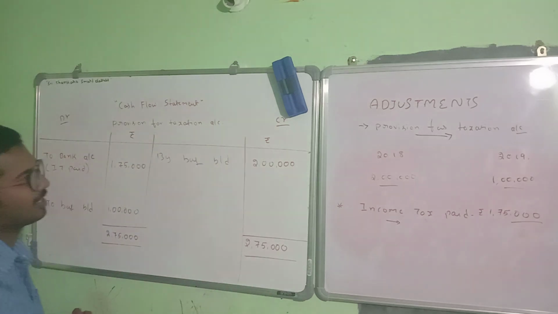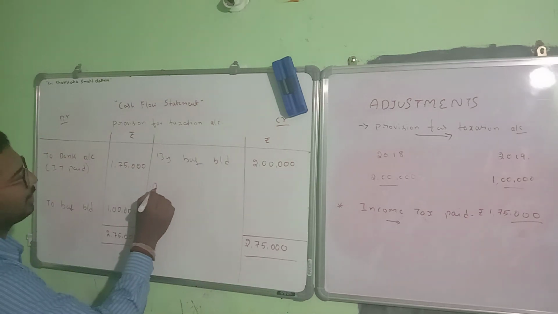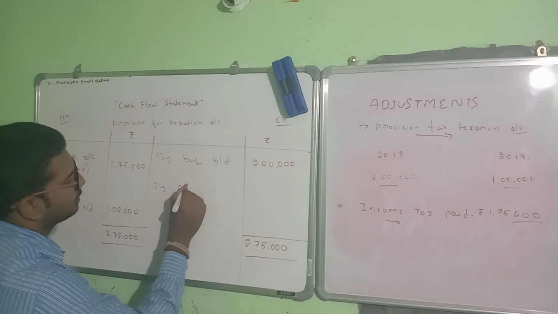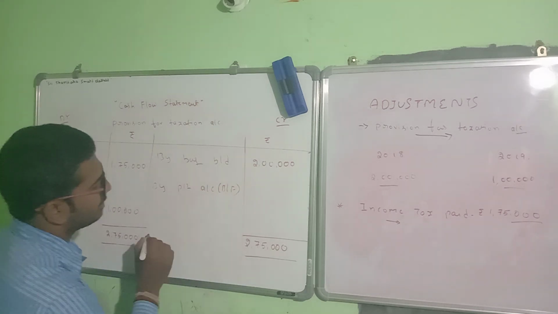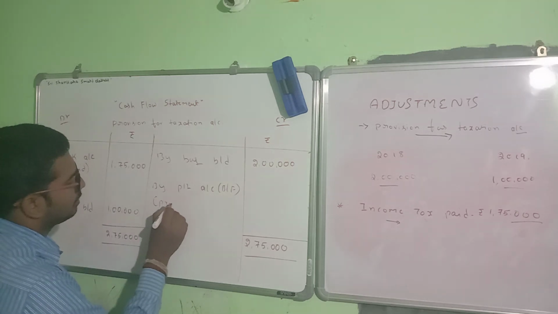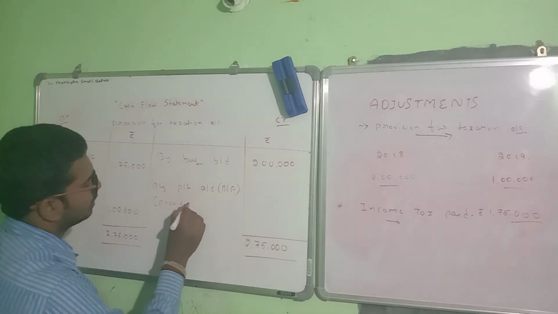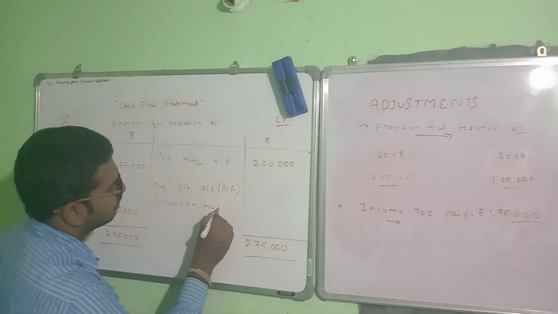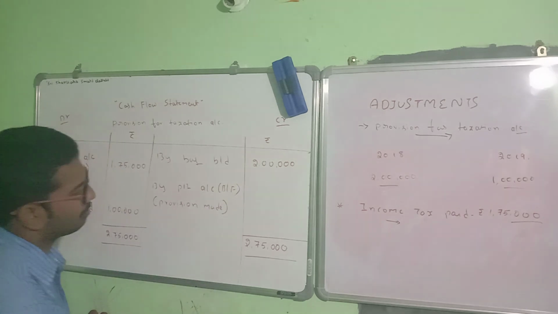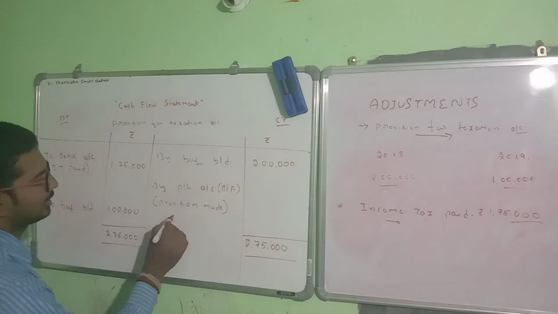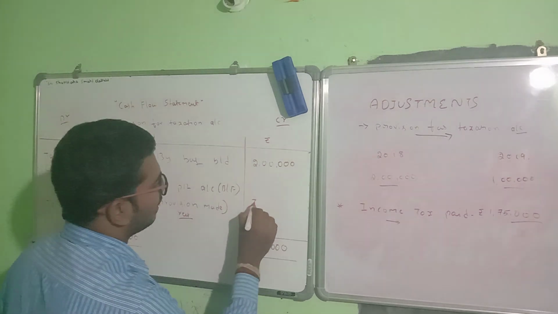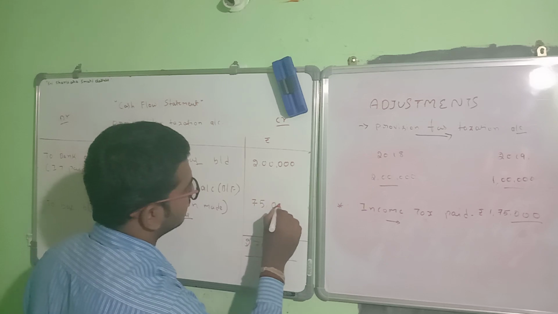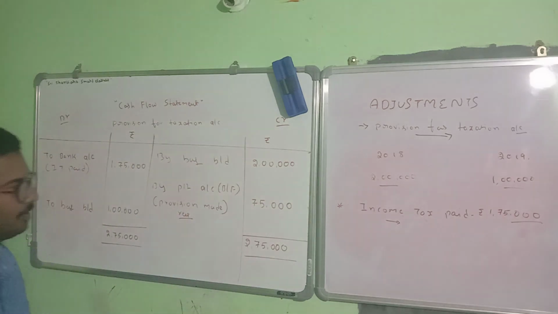Any balancing comes on the credit side, which you record as by P&L account, balancing figure, provision made, or further provision made during the year. It is 75,000.